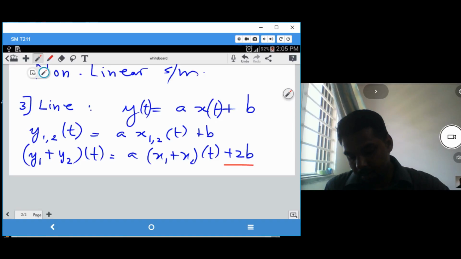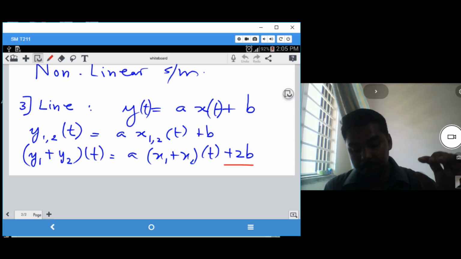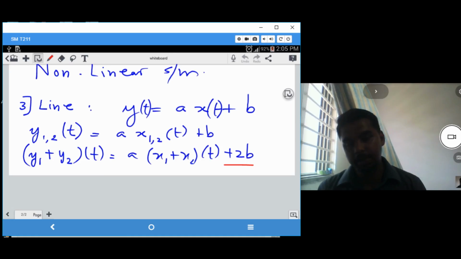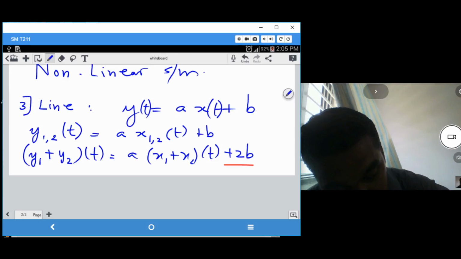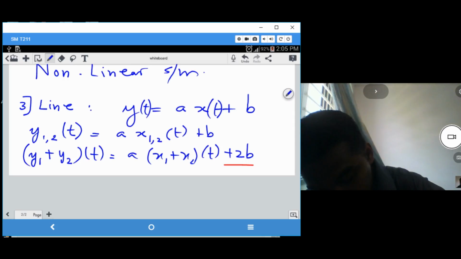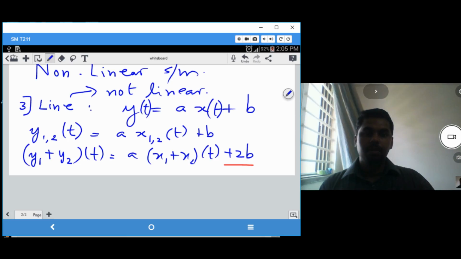So that is the difference that we get. So this system is also not linear. Even though it has the definition of a line, it is not a linear system.